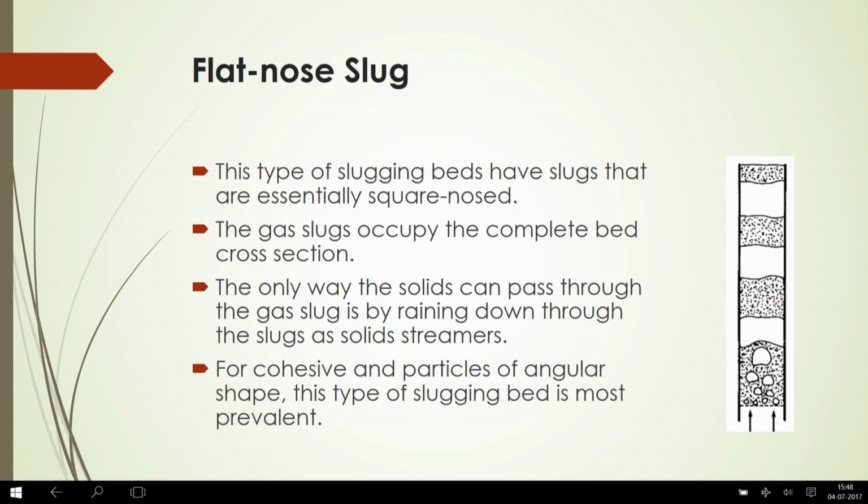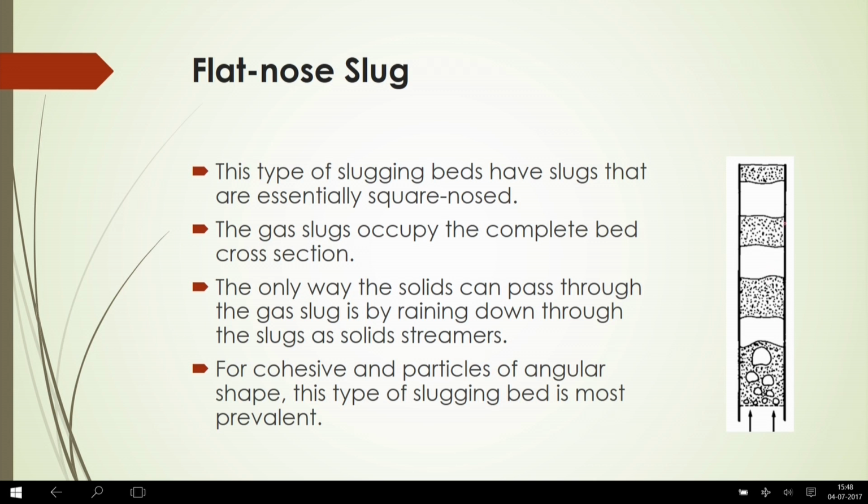For cohesive and angular-shaped particles, this type of slugging is most prevalent. So, very important that you cannot get this type of phenomenon for group A or group B particles. It will happen only for the C type particles, that means those particles will be very cohesive in nature.